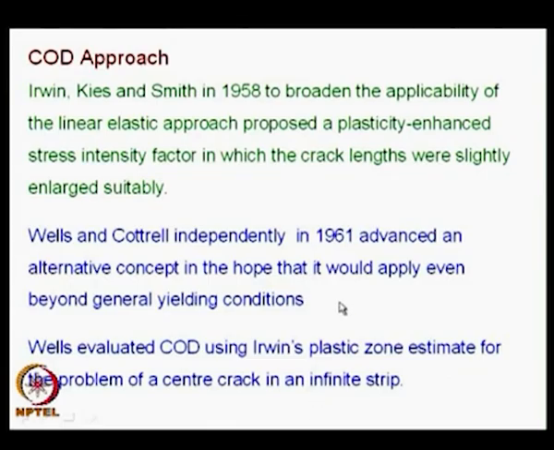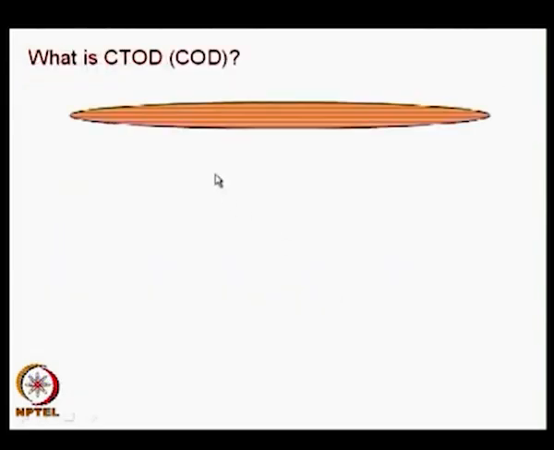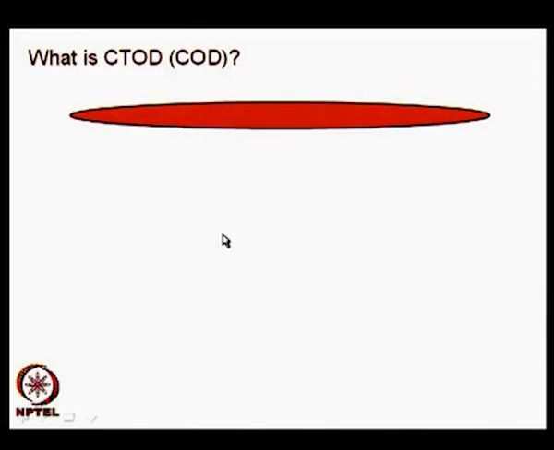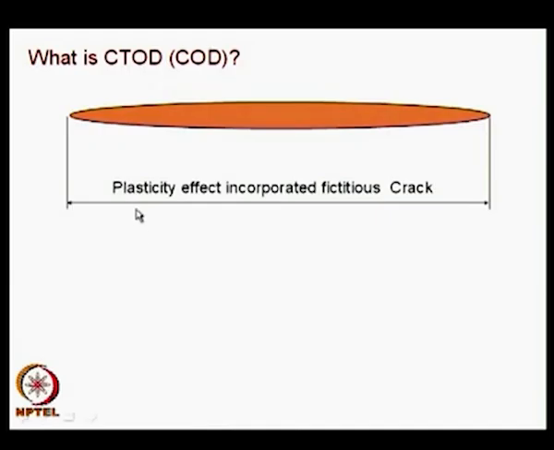And before we proceed further, we need to understand what is this CTOD, and you carefully make a sketch of this. So, you look at plasticity effect incorporated fictitious crack. This is only fictitious, and you have an actual crack, because the idea is when you have a crack tip, there cannot be displacement there. Then what is crack tip opening displacement? That has to be defined. That comes from your plasticity corrected fictitious crack length.